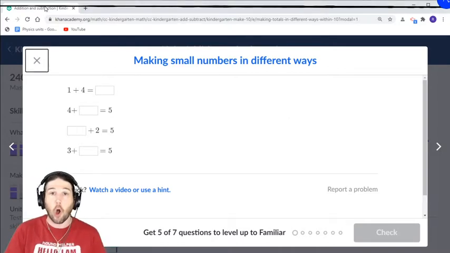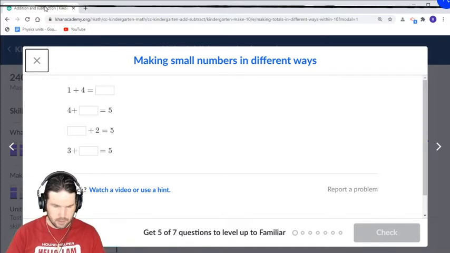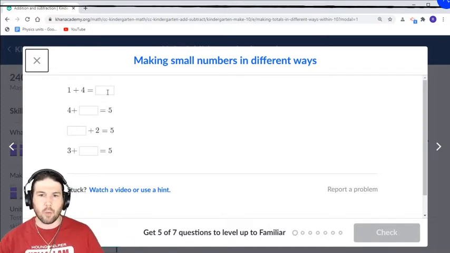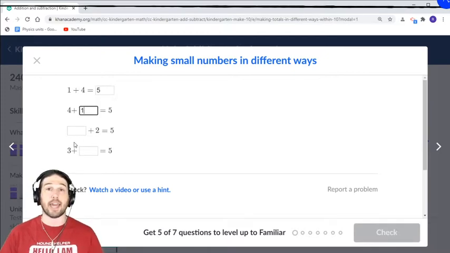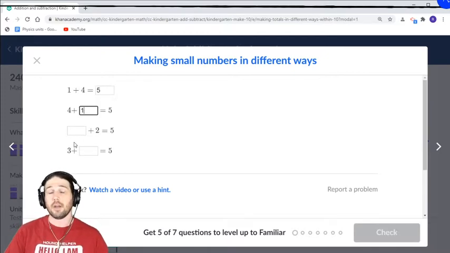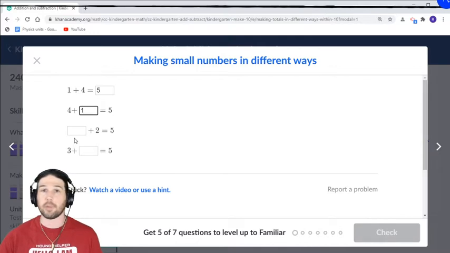We're showing already in kindergarten that addition and subtraction are really the same thing, just looked at from different perspectives. So let's see. 1 plus 4 is 5, which means that 4 plus 1 is 5. Again, the commutative property of addition says that you can add in either direction and you're fine. 1 plus 4 and 4 plus 1, they're the same thing.